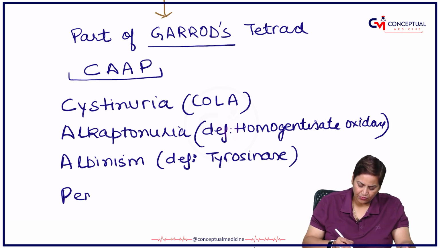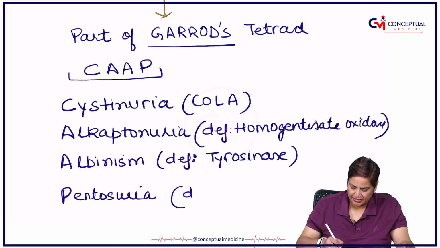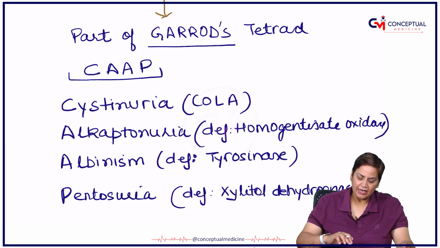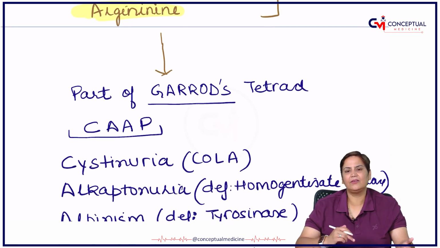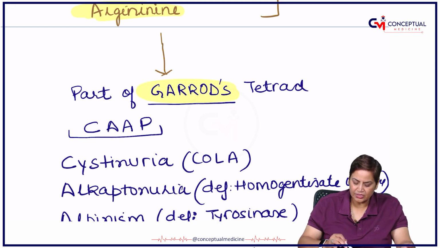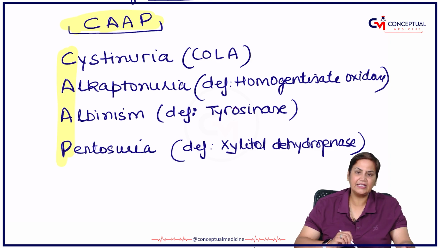And P stands for pentosuria, where we can say the deficient enzyme is xylitol dehydrogenase. Right. So we can say that cystinuria, which is accompanied by COLA, becomes a part of Garrod's tetrad, which is CAP, where C stands for cystinuria, A stands for alkaptonuria, A stands for albinism and P stands for pentosuria.